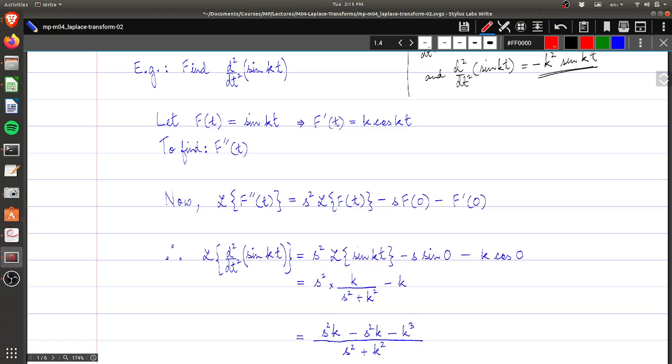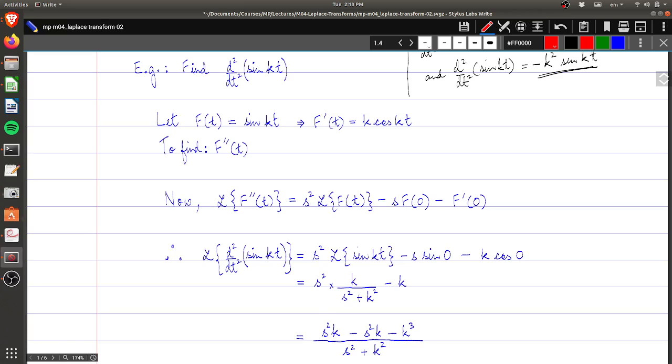What is f of t? F of t is sine kt, so substitute sine kt here, minus s into f of 0. F of 0, just put t equal to 0, so sine 0. Then minus f prime of 0. F prime is k cos kt, so we have k cos 0. Is that understood, everyone?